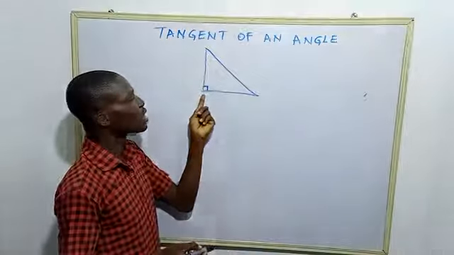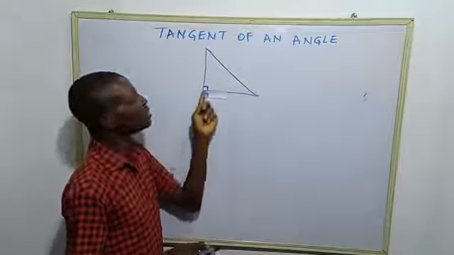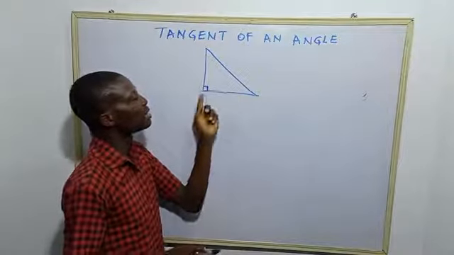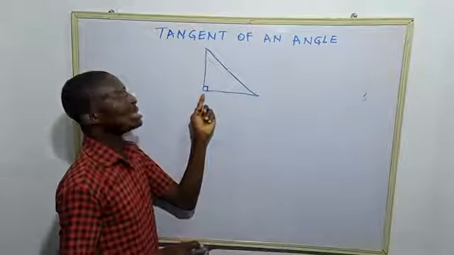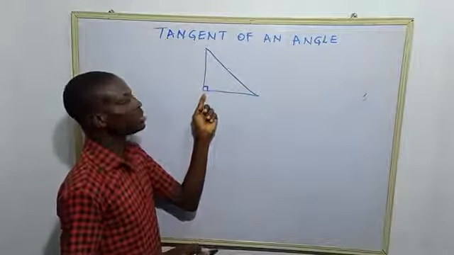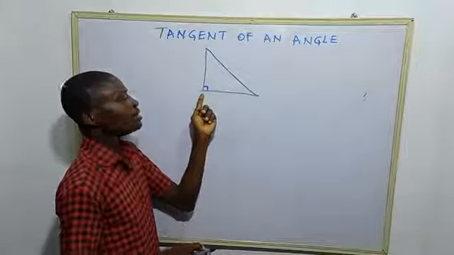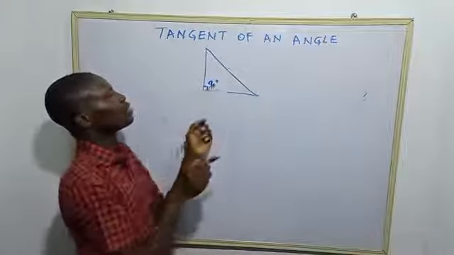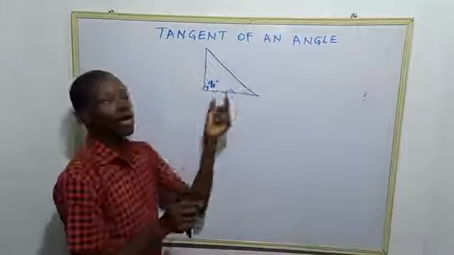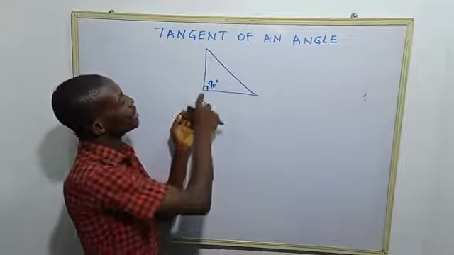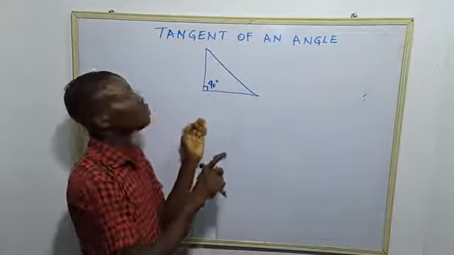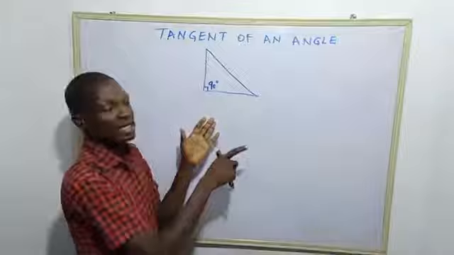When you see a box in a triangle, an angle taking this type of form, it means 90 degree. Any triangle that contains 90 degree is called a right angled triangle. I believe that is clear.